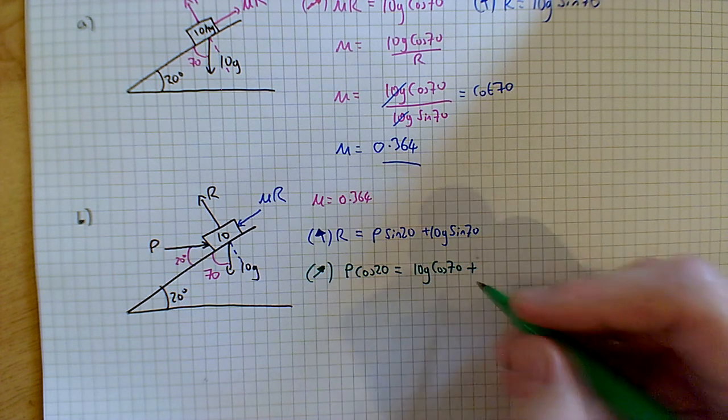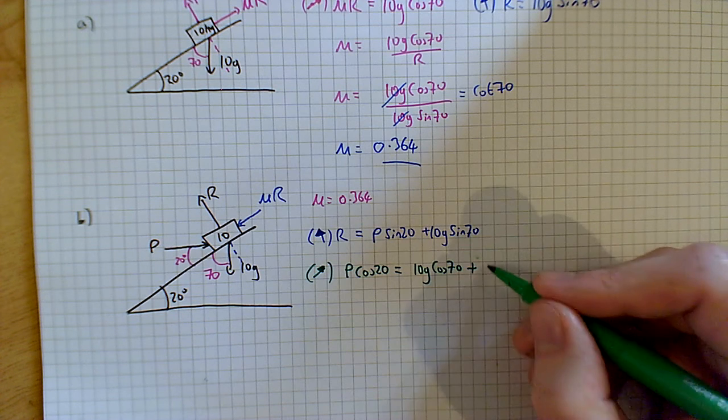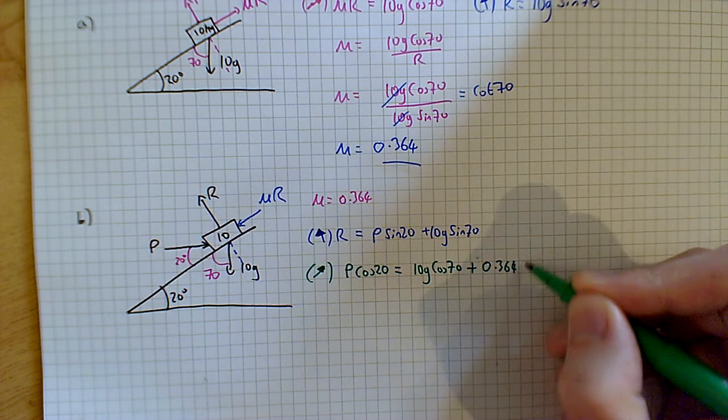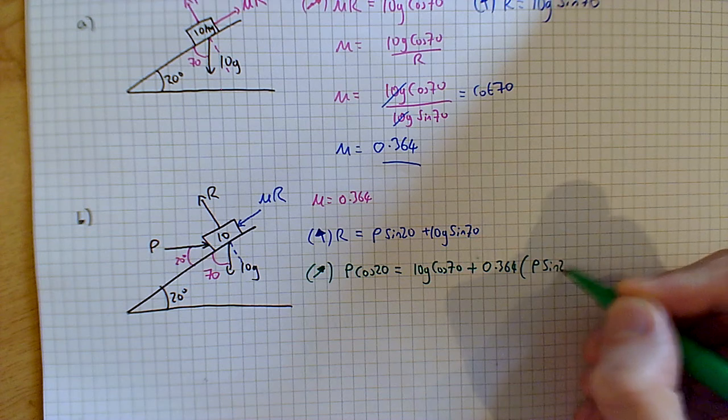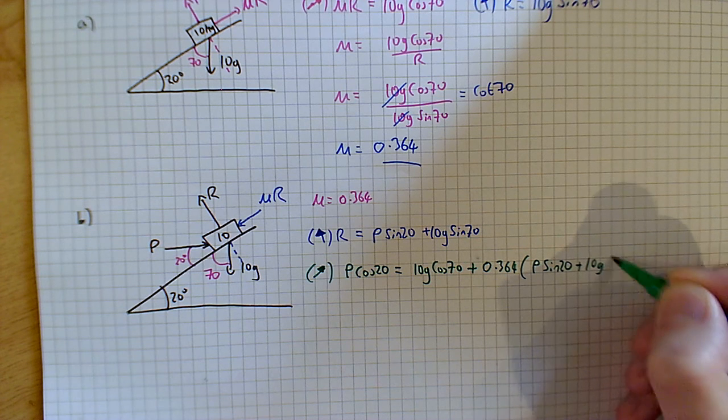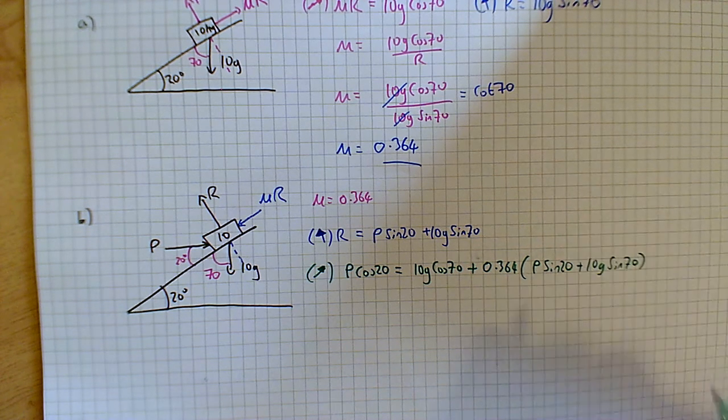So this is mu R, so this is 0.364 multiplied by what I've got here, P sine 20 plus 10g sine 70.